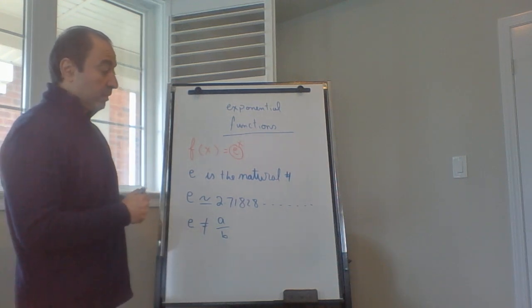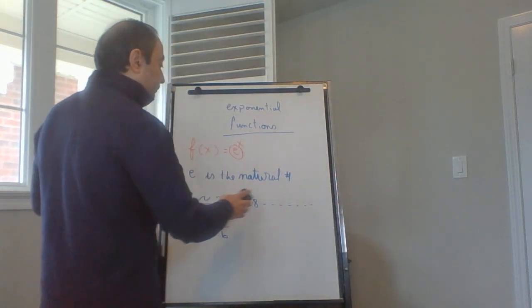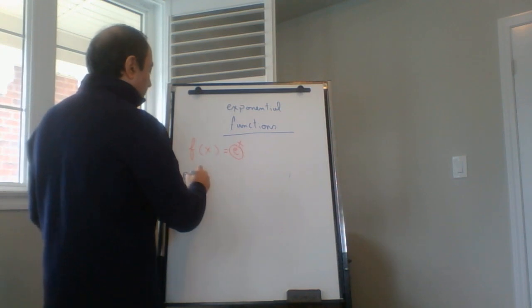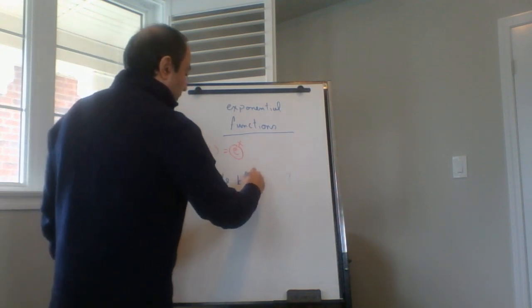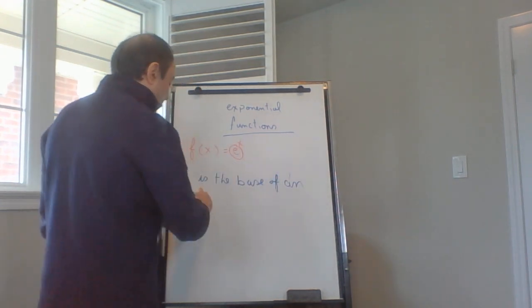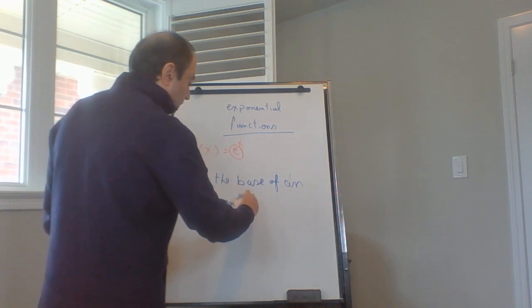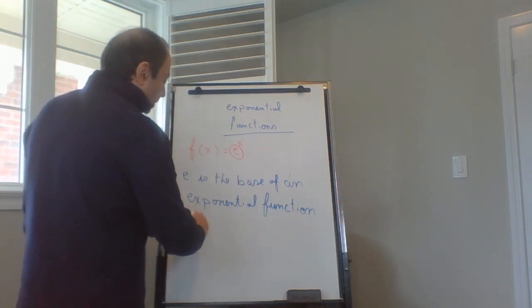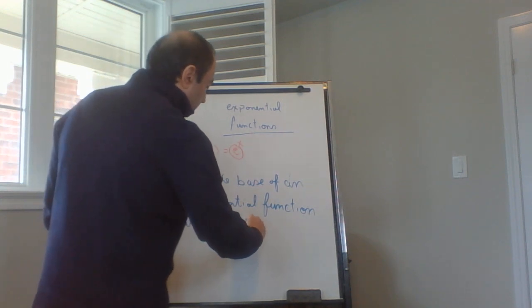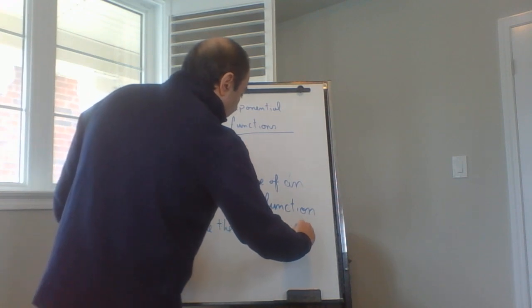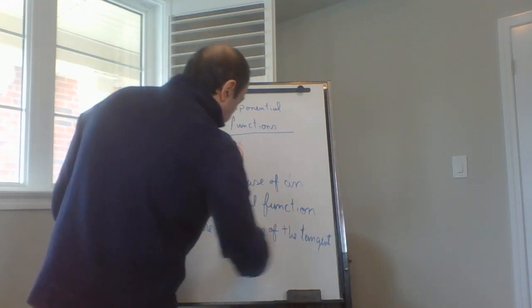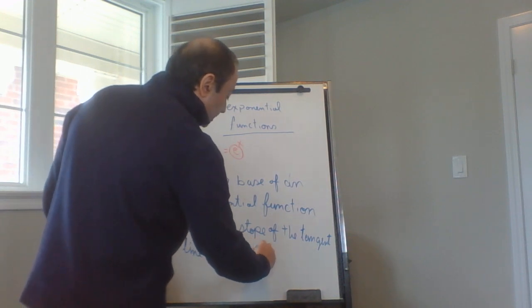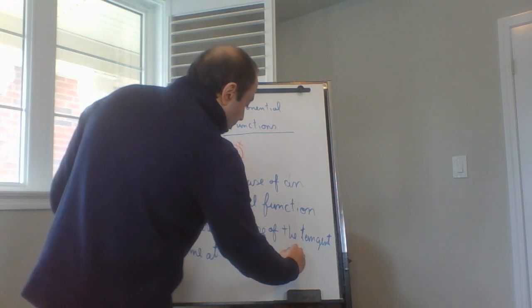So what is the definition of e? E is the base of an exponential function where the slope of the tangent line at x equals 0, which means the y-intercept, is equal to 1.